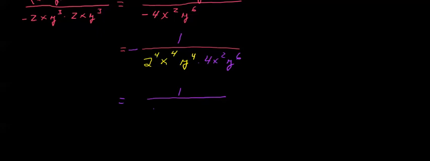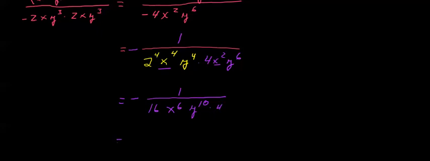2 to the 4th is 16. Forgot my negative. X to the 4th, x to the 2nd, x to the 6th, y to the 4th, y to the 6th, y to the 10th, times my 4.